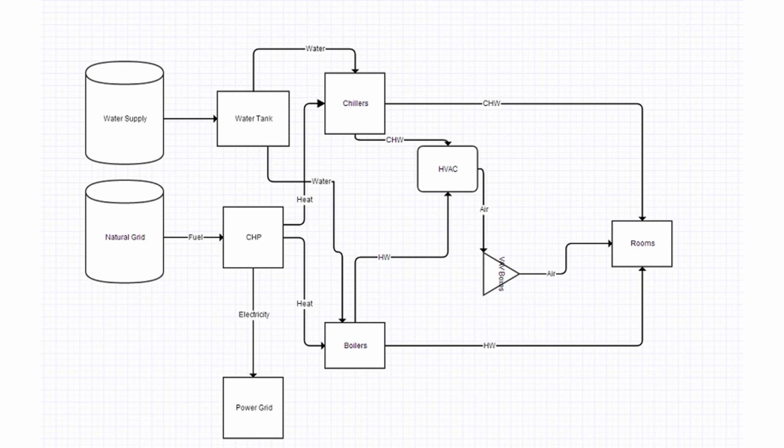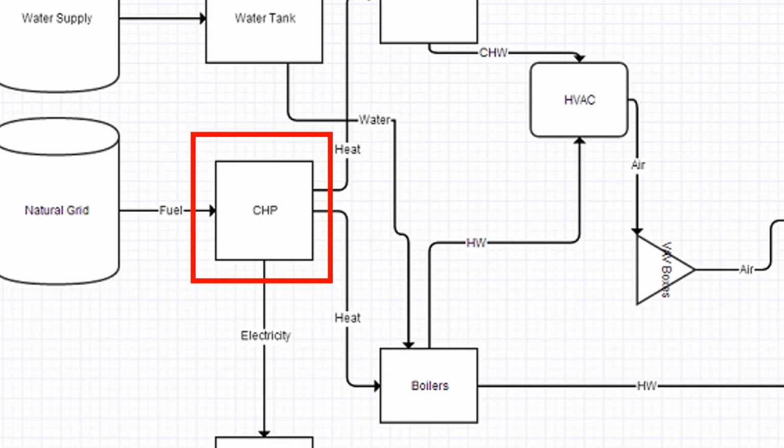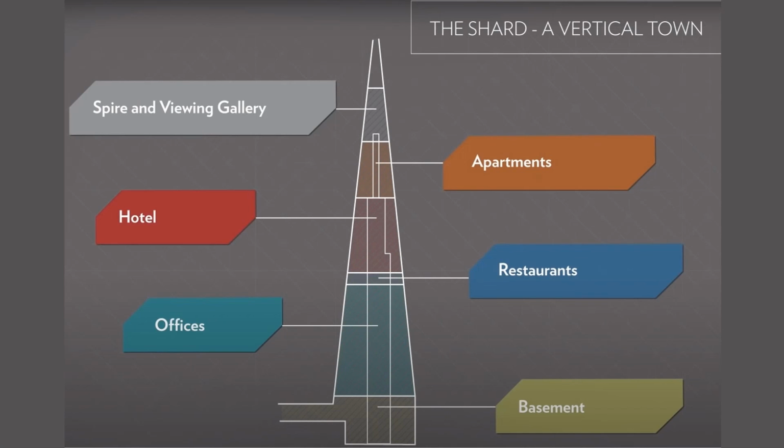In TheShard's HVAC, another focus point is CHP, Combined Heat and Power for energy efficiency. TheShard's each different space has different energy demand profiles, which experience peaks at different times of the day.